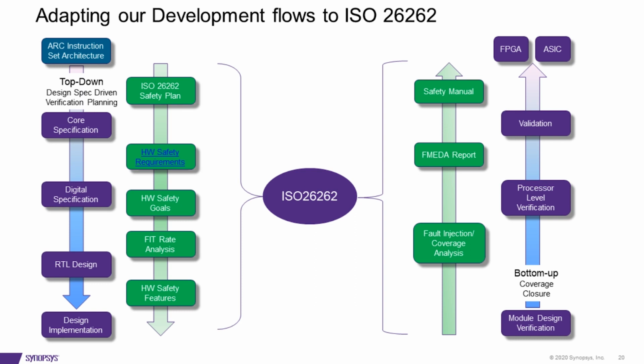That's a flow that's common in any device. And then on the verification side, you have a similar bottoms-up flow, from module design to processor level to validation, and then to testing, whether that's in an FPGA design or in the final ASIC.